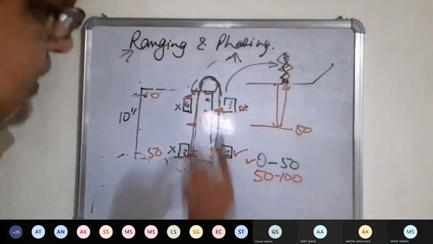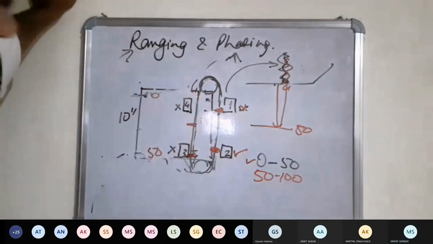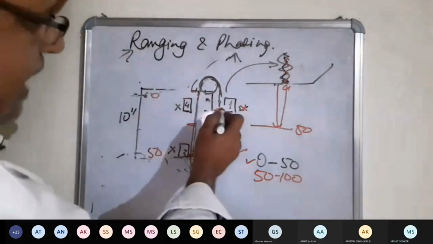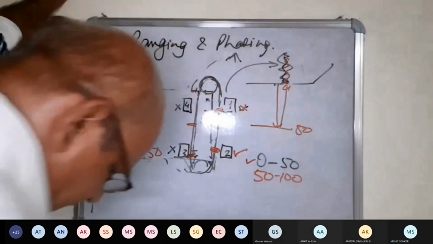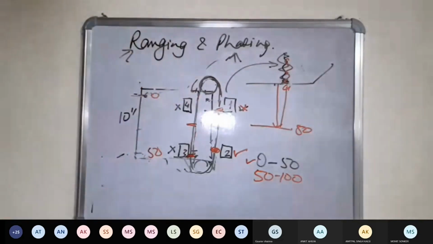Yes, sir. Stylus is not at 0 point. It is behind only. And transmission is taking place.